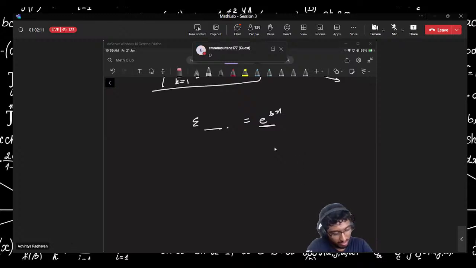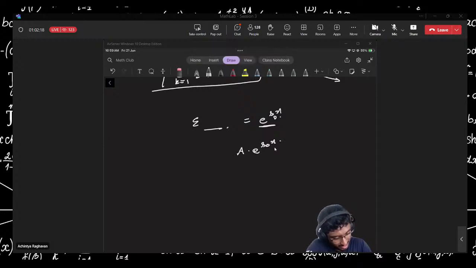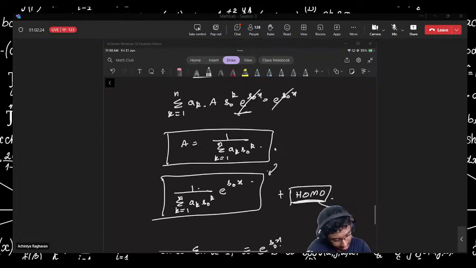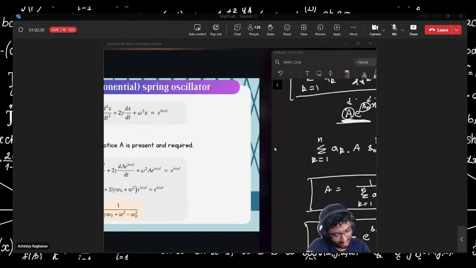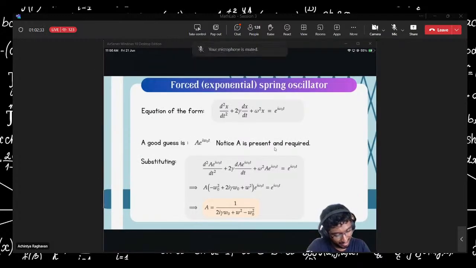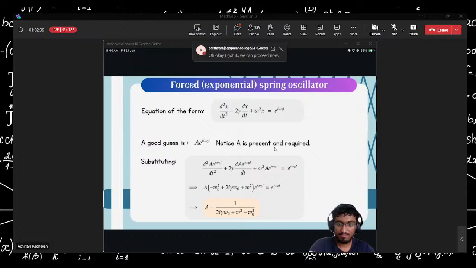What you do is you assume the solution is of the same form, but you just scale it. You assume the solution is of this form, substitute, and you find it is in fact a solution, and you can find the value of A. The value of A is written down here. This is for the general case. In this particular slide, I have taken this to the string oscillator, and here I substituted the forcing as e power i omega naught t. And after solving that, you get the value of it. Is that clear, or do you want me to explain it again?